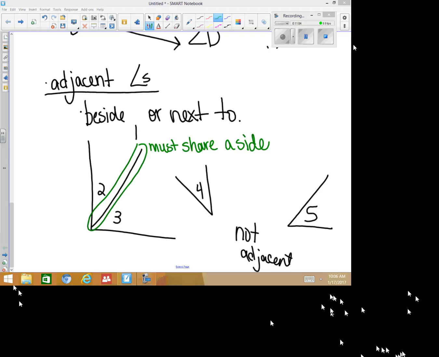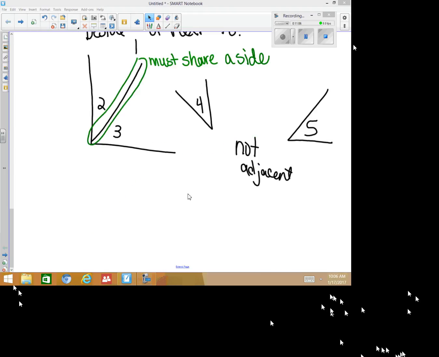Okay, well those are good. Say we have an angle. This is called a vertex. The vertex is the point where they meet. And then this is a side, and this is a side.